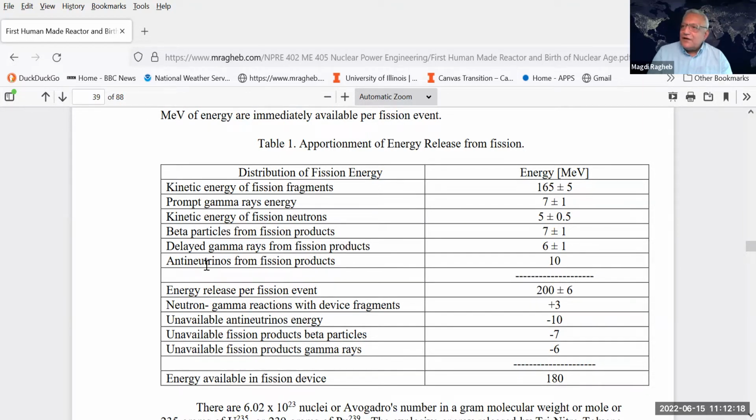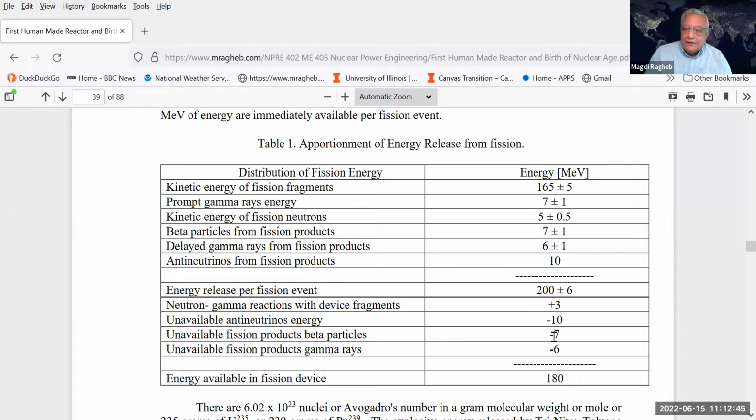Anti-neutrinos do not interact with matter very substantially. They can go all the way through the Earth from one side to the other without interacting, but they carry a significant amount of energy, 10 million electron volts with the emission of the negative electron. So in total, we get 200 million electron volts of energy from the fission process.